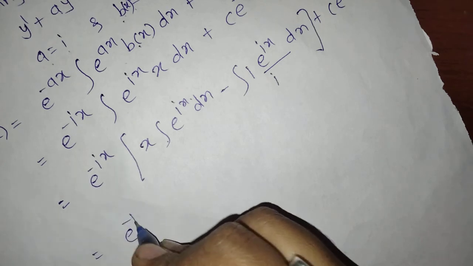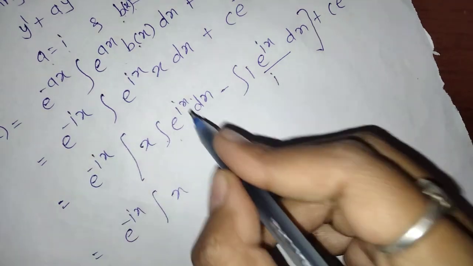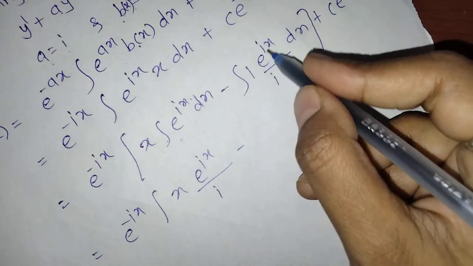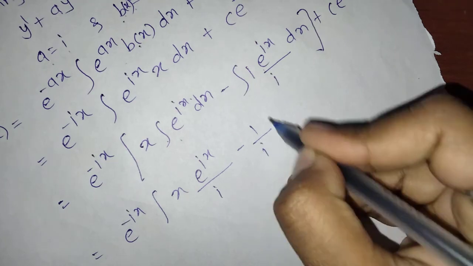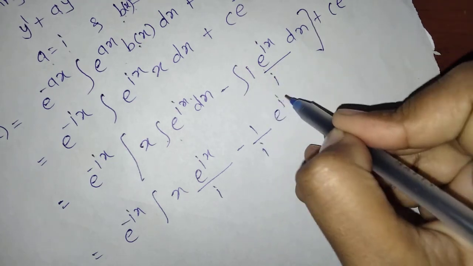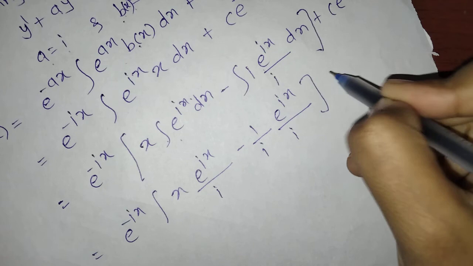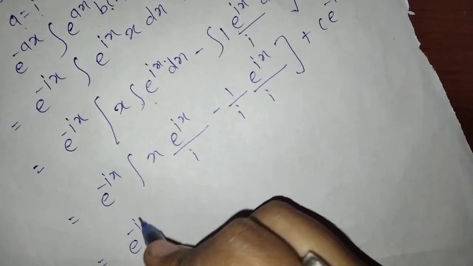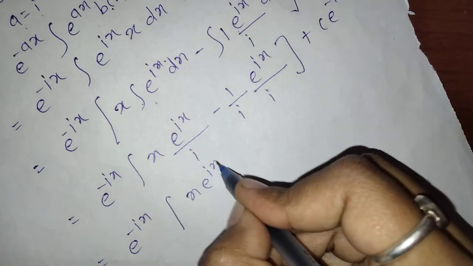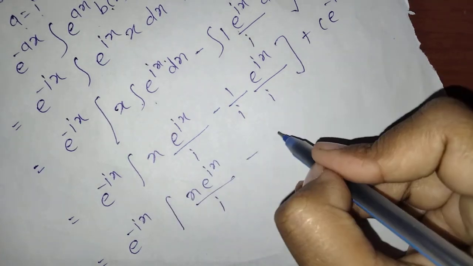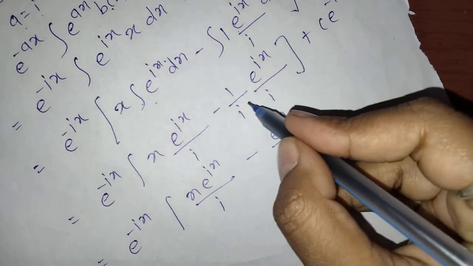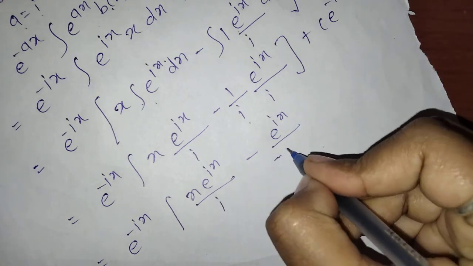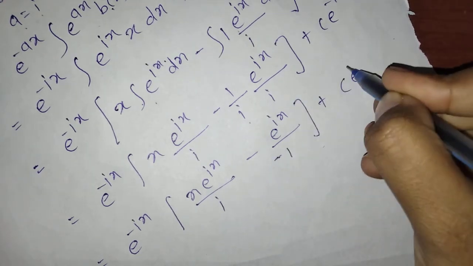That is e raised to minus ix into x e raised to ix upon i minus integration of e raised to ix upon i, which is e raised to ix upon i into i square, and i square is minus 1, plus c into e raised to minus ix.